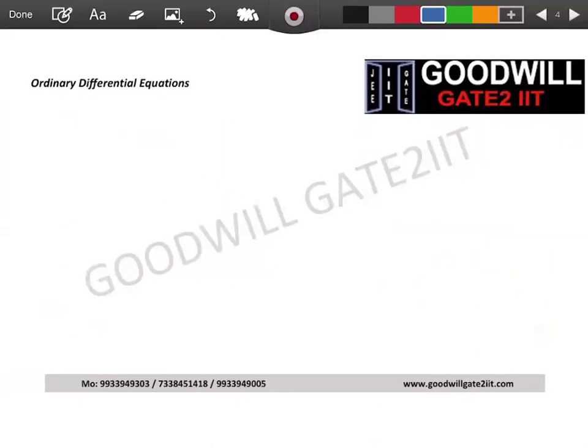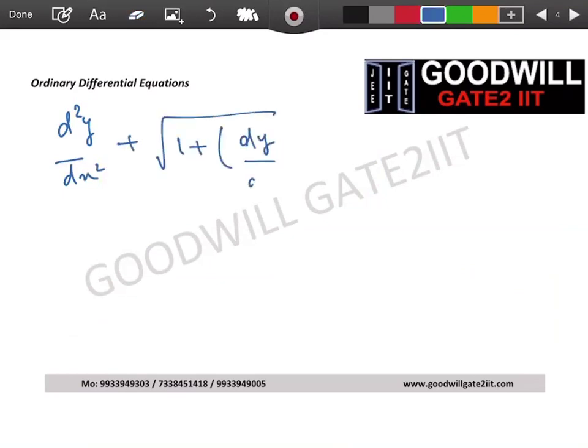So let's take one differential equation. For example, d square y by dx square plus square root of 1 plus dy by dx the whole cube equal to 0, right? So this is a random differential equation given to you.